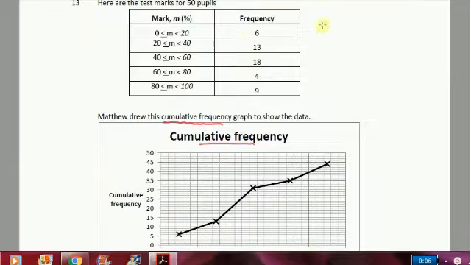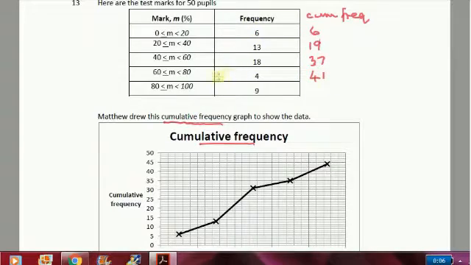And the first thing we would have to do is to actually work out the cumulative frequencies of the different intervals. 6 students were in the first interval. 13 were in the second interval, which means that you have to add the 13 and the 6. You always add the previous frequencies to get the next frequency in the cumulative frequency.